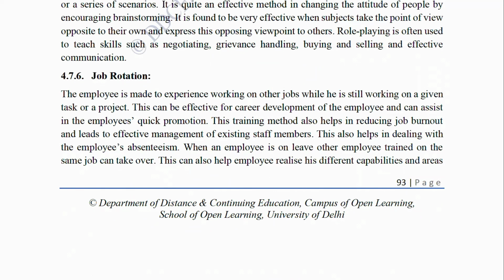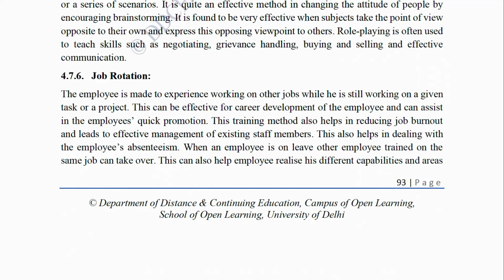4.7.6 Job Rotation. The employee is made to experience working on other jobs while he is still working on a given task or a project. This can be effective for career development of the employee and can assist in the employee's quick promotion.